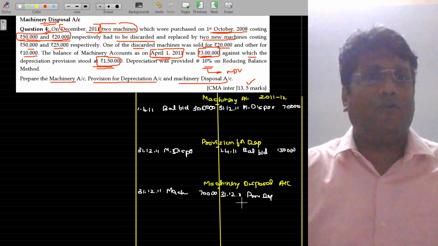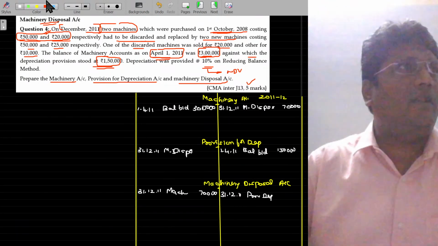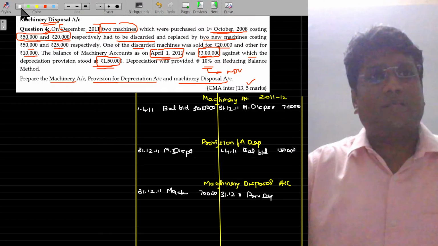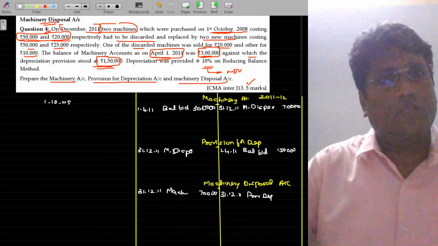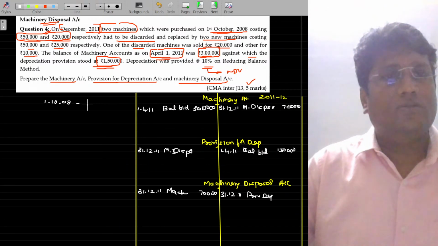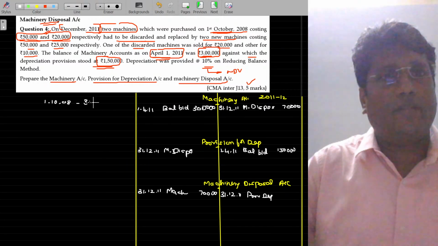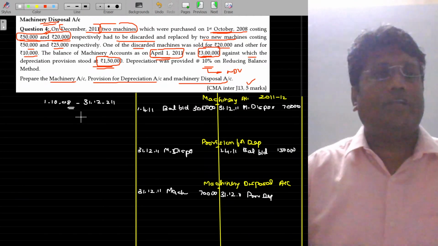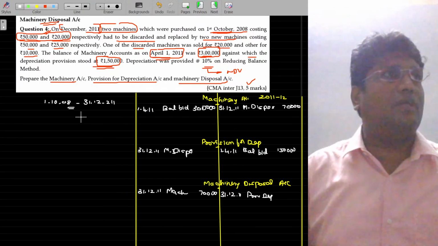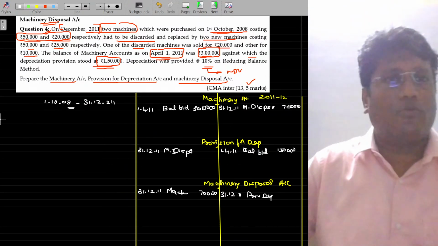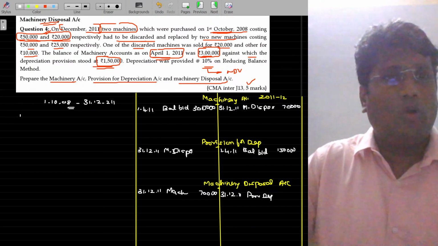I need to know the value here. These 2 assets were originally purchased on 1st October 2008 and sold on 31st December 2011. So it should now be depreciated up to the date to find out the accumulated depreciation on the assets sold, year by year.